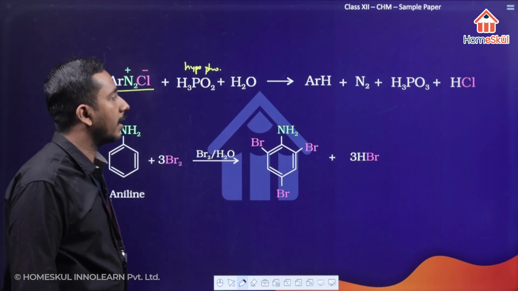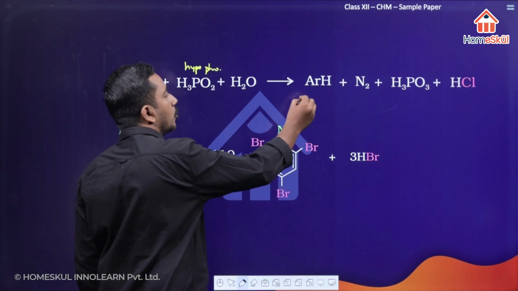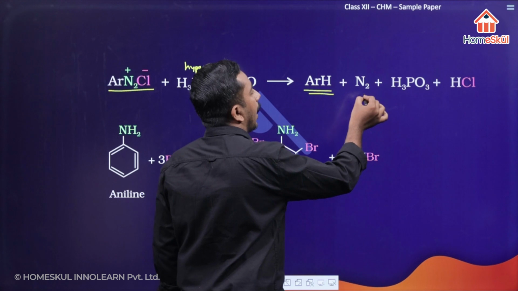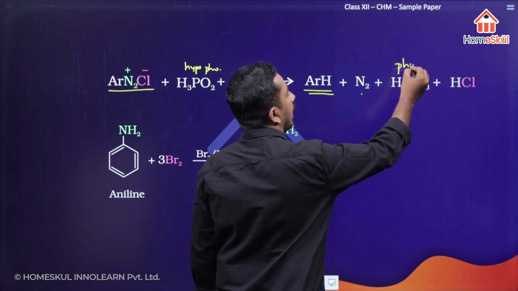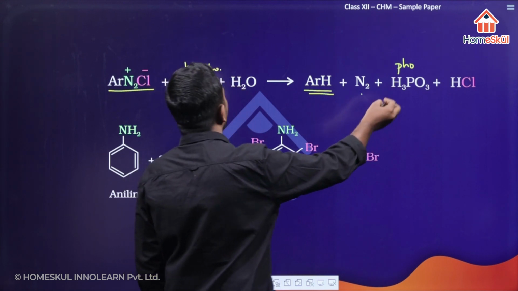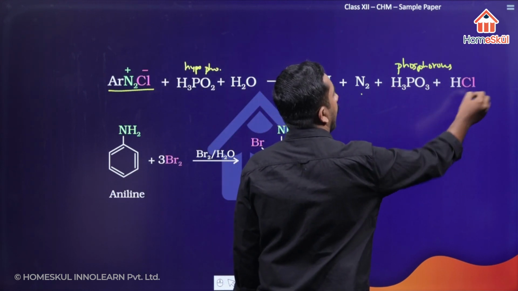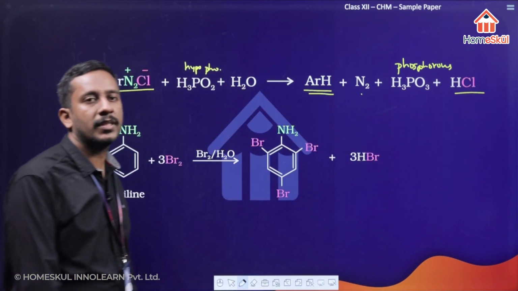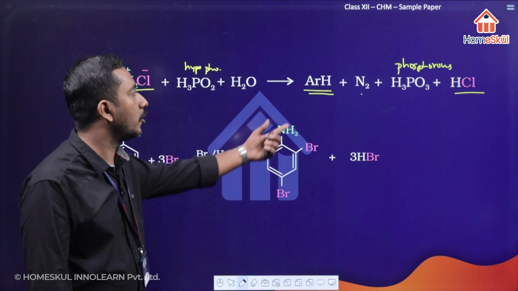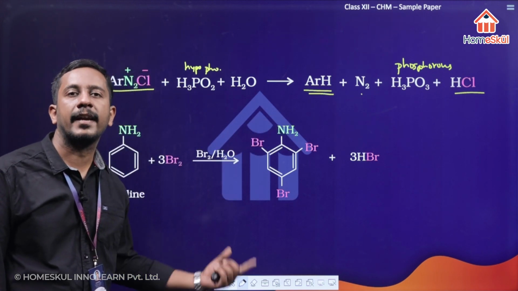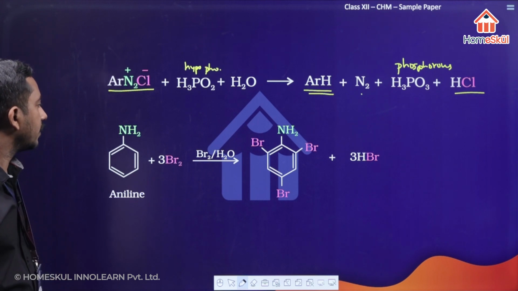That will give you the corresponding aromatic hydrocarbon as the product, and the byproducts will be nitrogen gas and H3PO3, that is phosphorous acid. Phosphorous acid and HCl will be obtained as the products. So this is a direct reaction where the diazonium salt is converted into the corresponding hydrocarbon and nitrogen gas is being eliminated. And what about the second reaction?